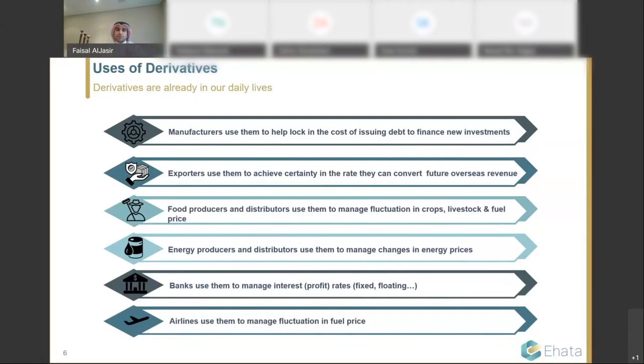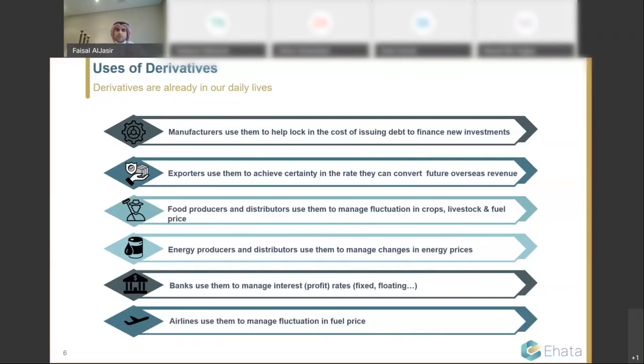Food producers and distributors use them to manage agriculture commodities, and this is one of the core historical needs that brought derivatives into play. Energy producers and distributors use them also to manage changes in energy prices, oil and gas, and other kinds of energy.